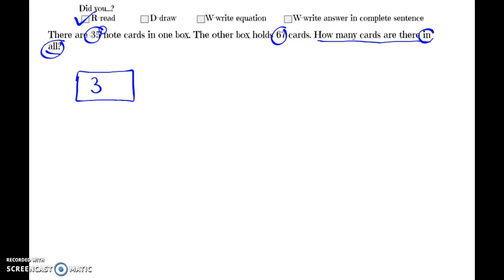What I don't know is the total of cards in all. I'm going to write a question mark because I need to find that total amount. Pause the video and complete your tape diagram.